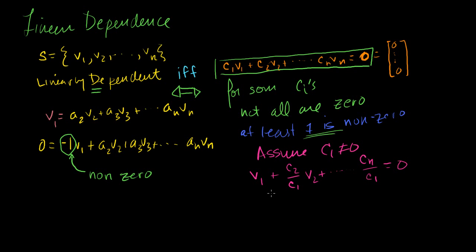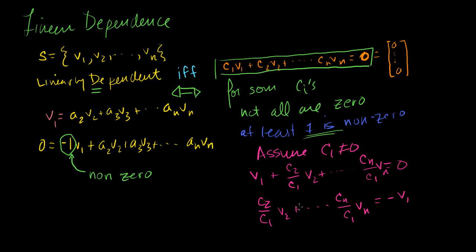And then I can add negative v1 to both sides of this equation, or subtract v1 from both sides, and I get c2 over c1 v2 plus all the way up to cn over c1 vn is equal to minus v1.